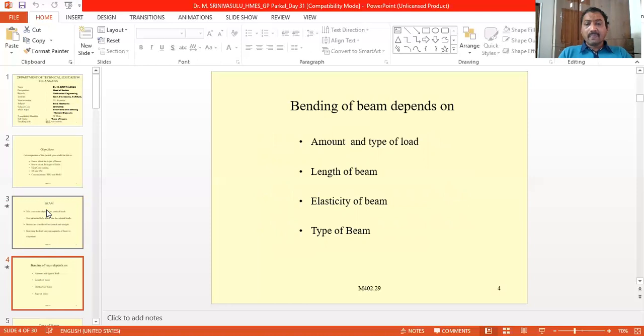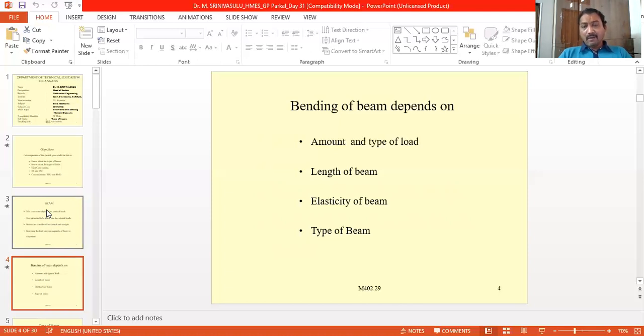Now, generally when a beam is subjected to an external load, it is subject to bending. The amount of bending of the beam depends on the following factors. The first one is the amount and type of the load.